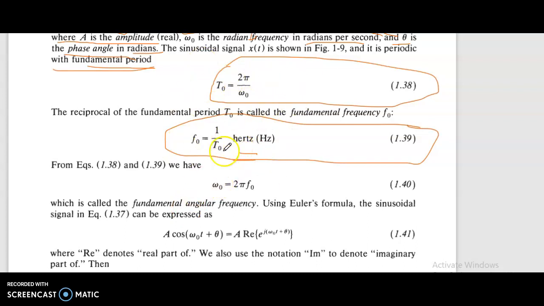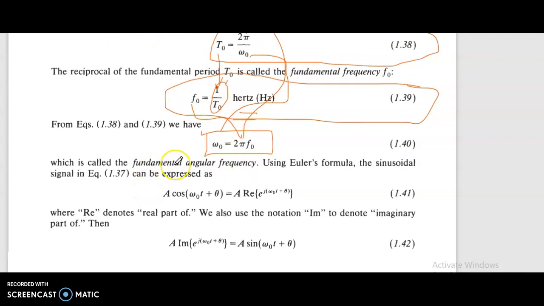From these two equations, omega naught equals 2 pi f naught, which is called the fundamental angular frequency.